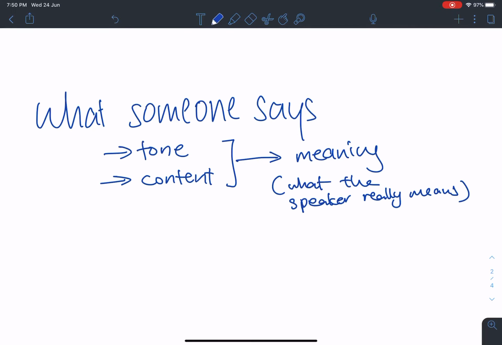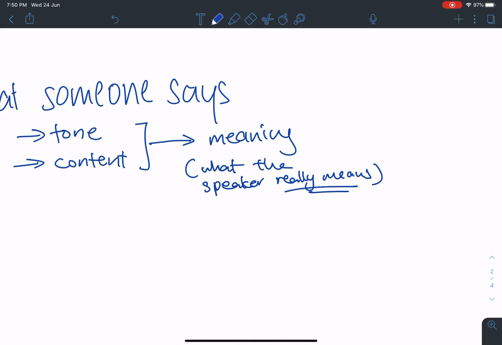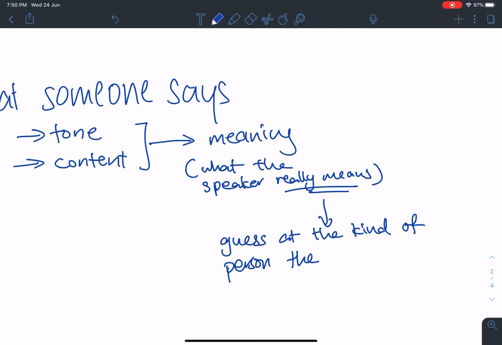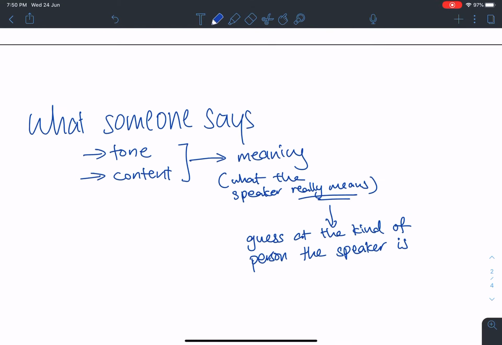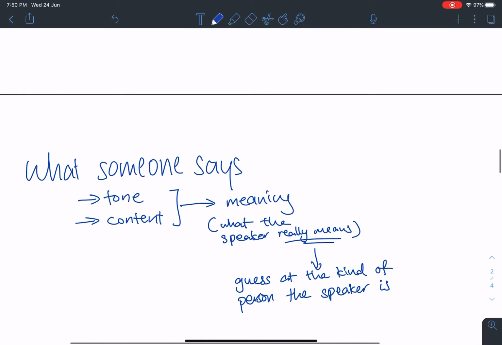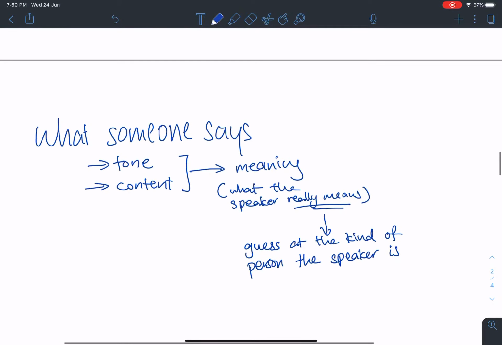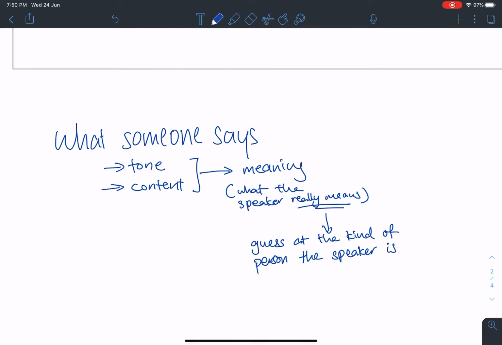And from what a character really means, we can guess at the kind of person the speaker is. So that is what we want to talk about today.